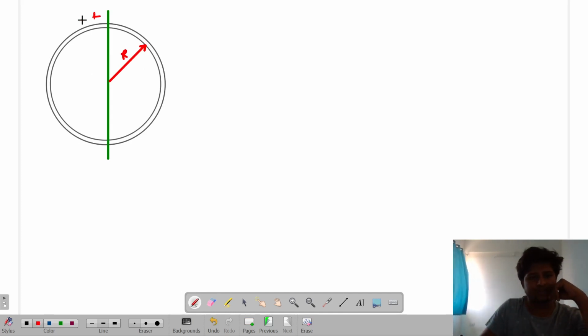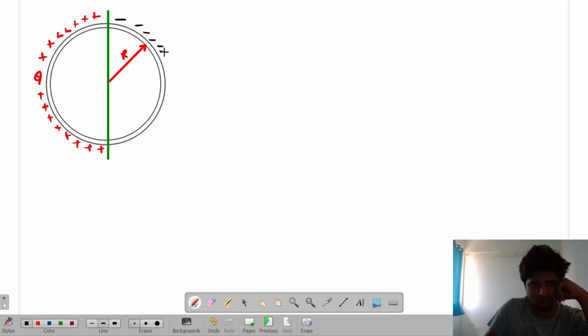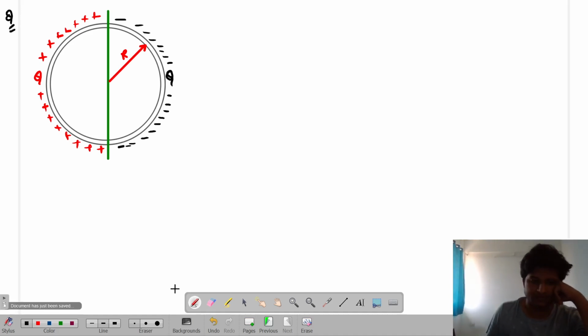This side has plus q, and this side has minus q. Then find the dipole moment of the ring.